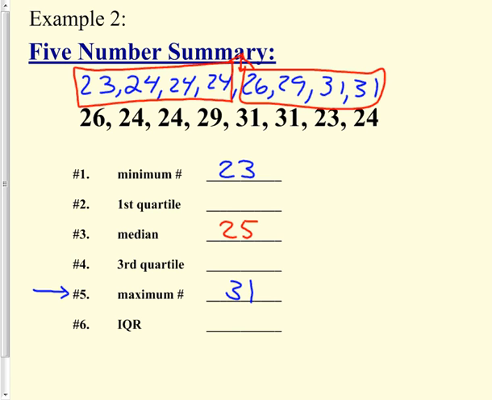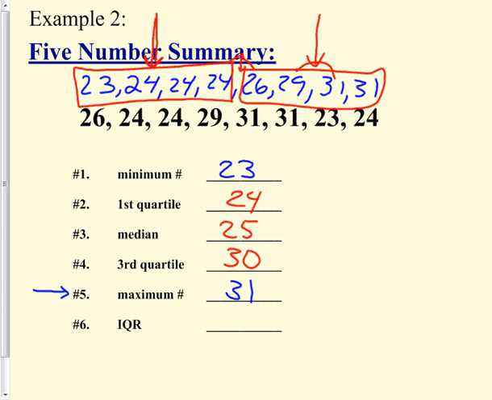The first quartile and the third quartile are the numbers right in the middle of each half. The first quartile is in the lower numbers. What's exactly between 24 and 24? 24. And the third quartile is right between 29 and 31, which is 30.